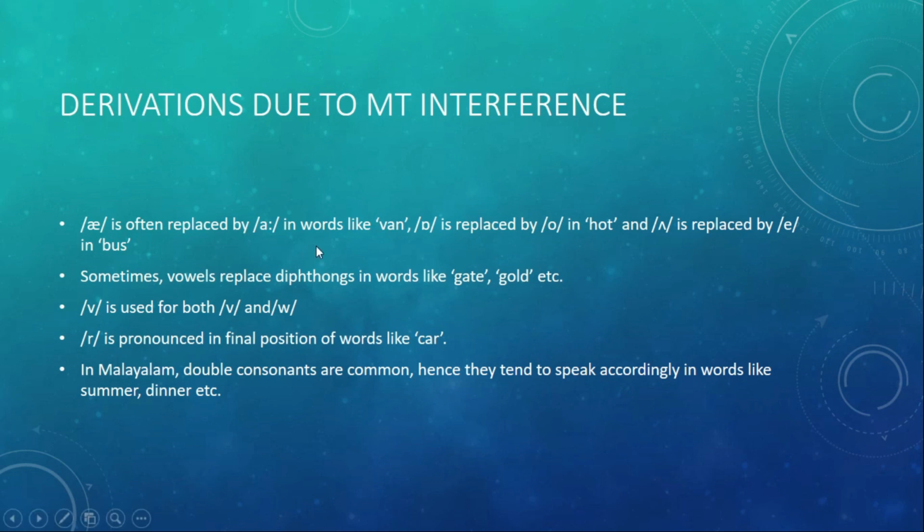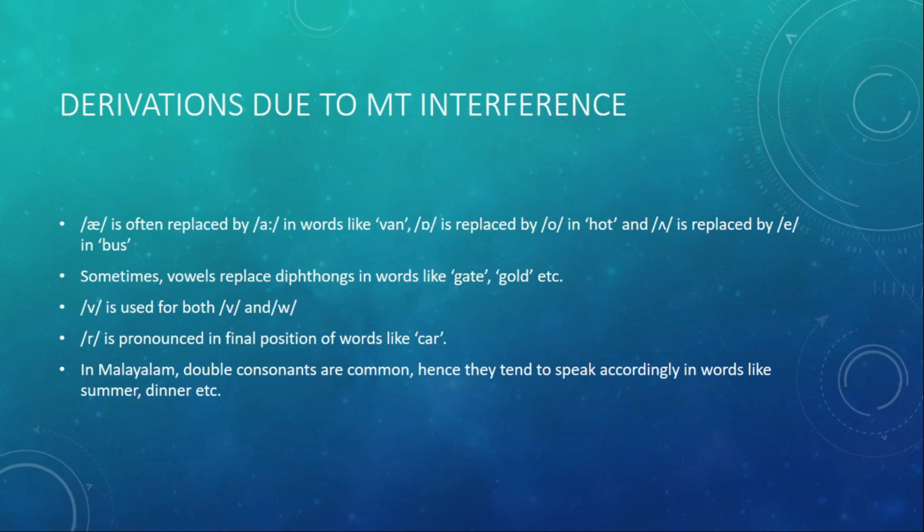First of all, some Malayali speakers tend to replace a with a. In words like van, instead of saying van, we tend to say van. Van varan samayai. Then o is sometimes replaced by o. Like instead of saying hot, we say hot.